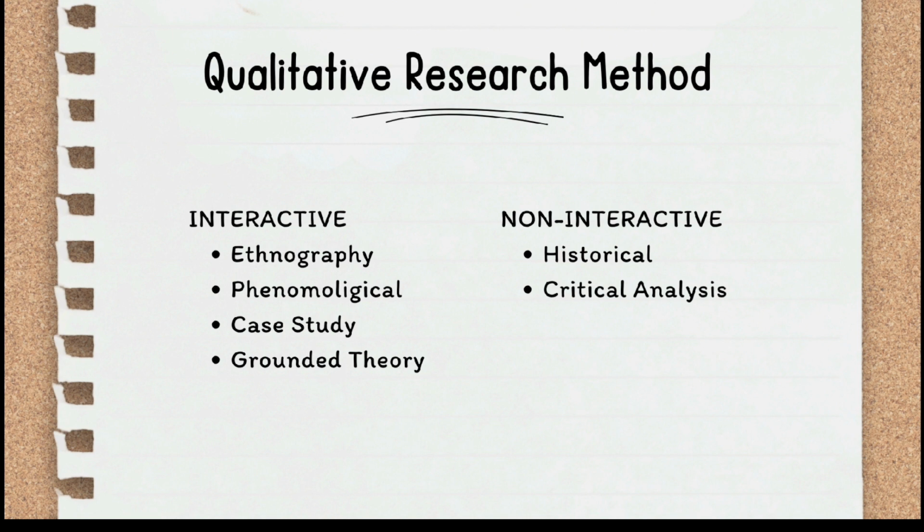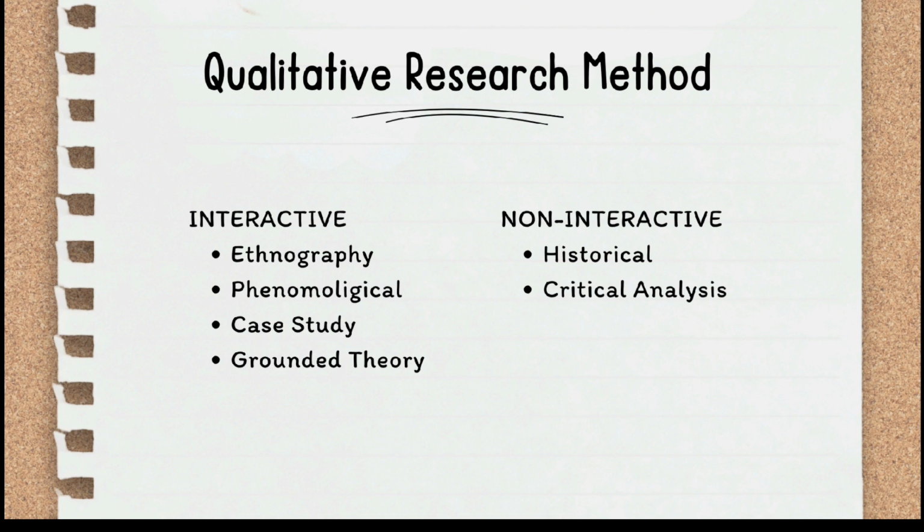And next is non-interactive. There are two kinds, consisting of historical and critical analysis. Historical research. In historical research, scholars study past events, people, or trends without directly interacting with living participants.